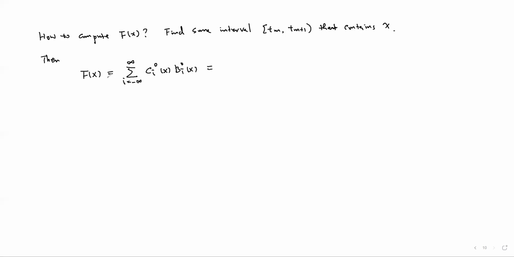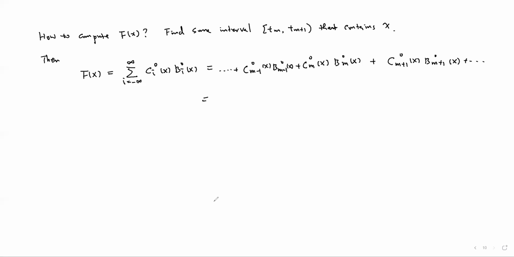Now I expand this sum. When i is m, c_{m,0}(x) B_{m,0}(x), and then the next term is c_{m+1,0}(x) B_{m+1,0}(x), and so on. And also on the left side, the next term is c_{m-1,0}(x) B_{m-1,0}(x), plus.